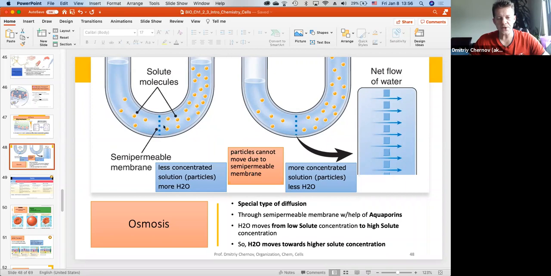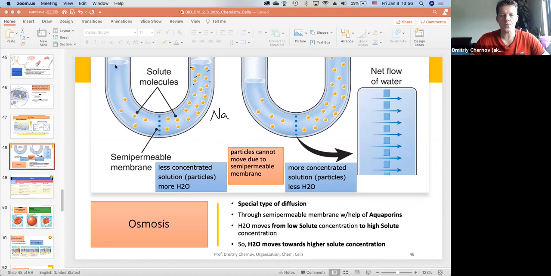So you see the concentration of molecules, and let's look at this molecule as, again, sodium. Sodium is abundant in the human body. So these molecules, green or yellow, represent sodium. Also on this side, also sodium.